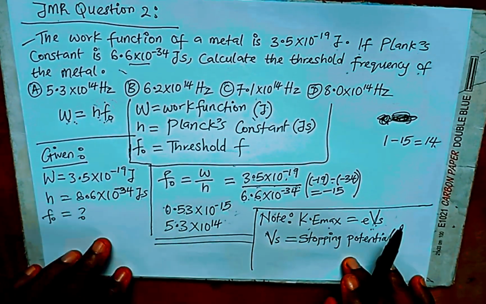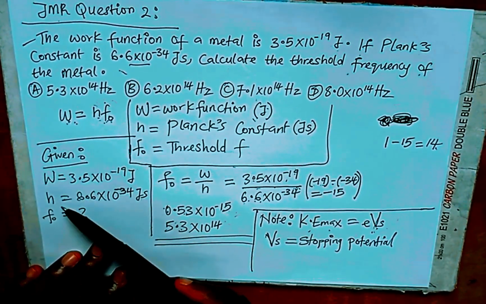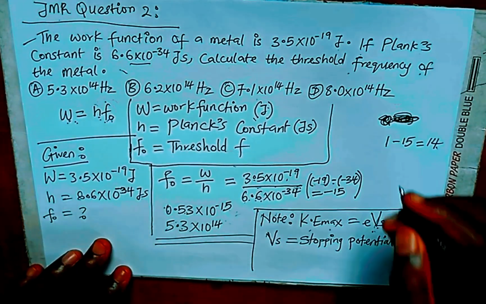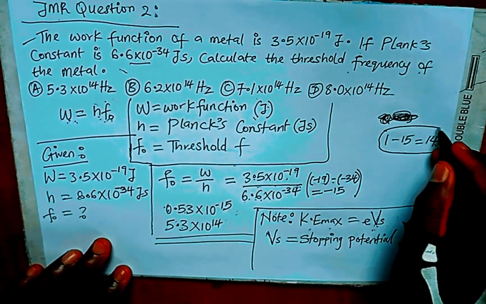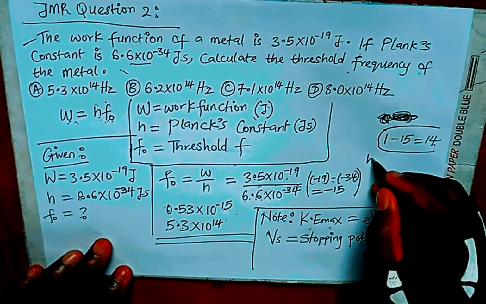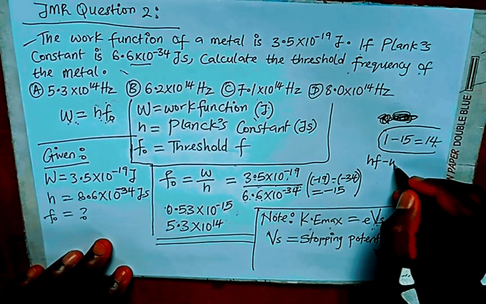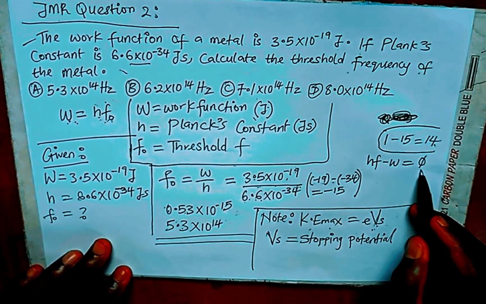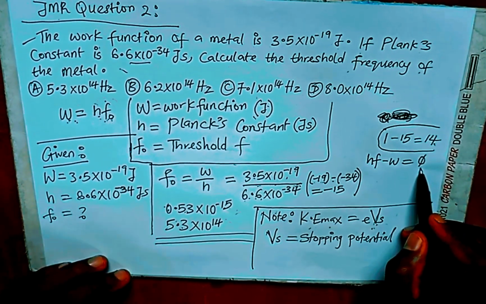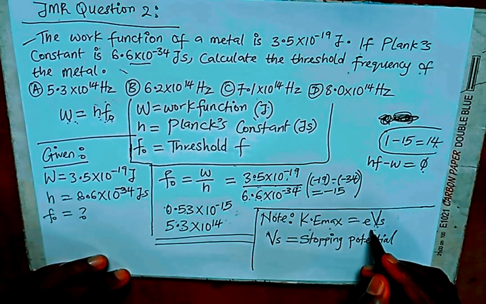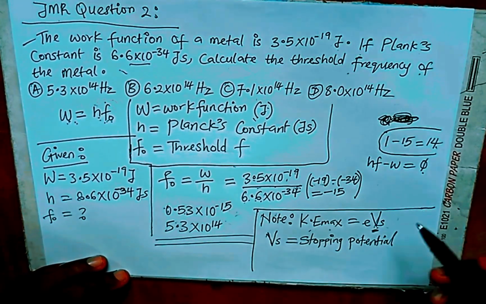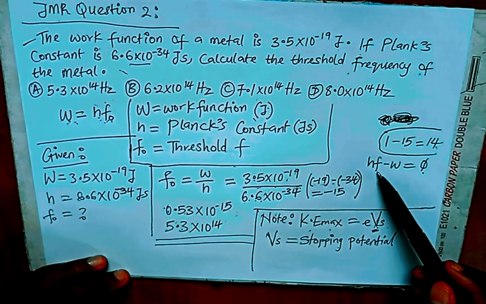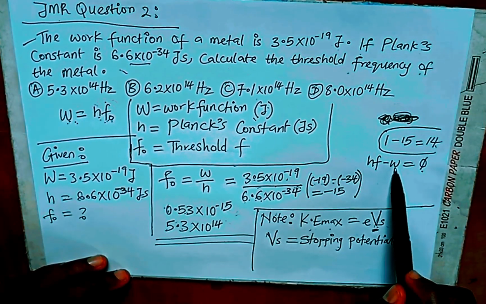Or maybe they ask you to use that other Planck constant formula, where you have something like hf minus W equals this, and this stands for maximum kinetic energy. For example, they give you the stopping potential in the question and ask you to find the work function.